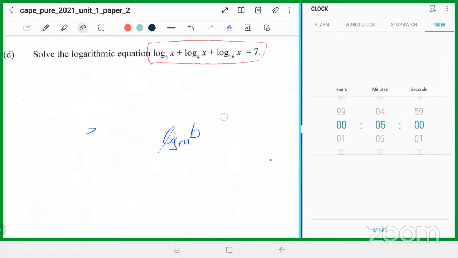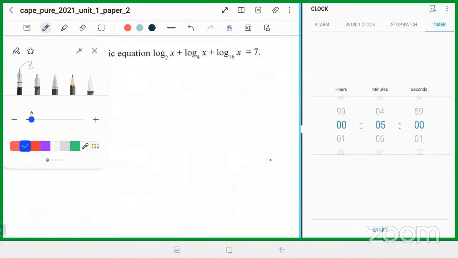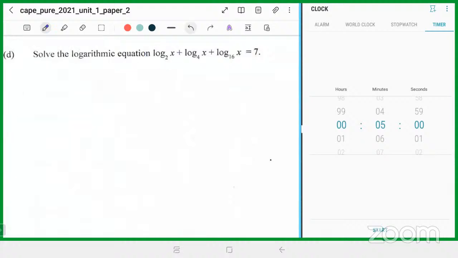I'm going to bring everything to the lowest base, which is 2. So I'm going to keep this one already at base 2. It's going to come as log to base 2 of x plus this one now is going to become log of x over log of 4, with all of them to base 2.